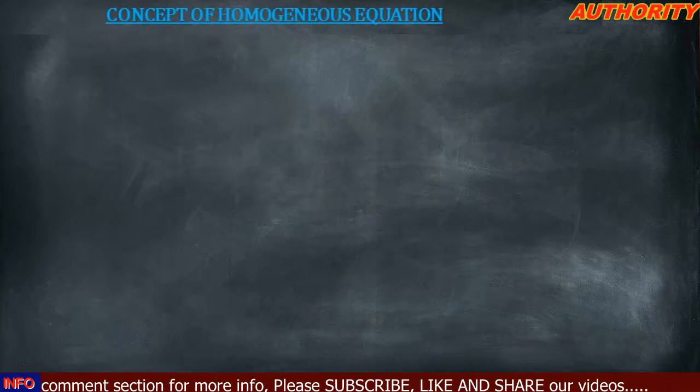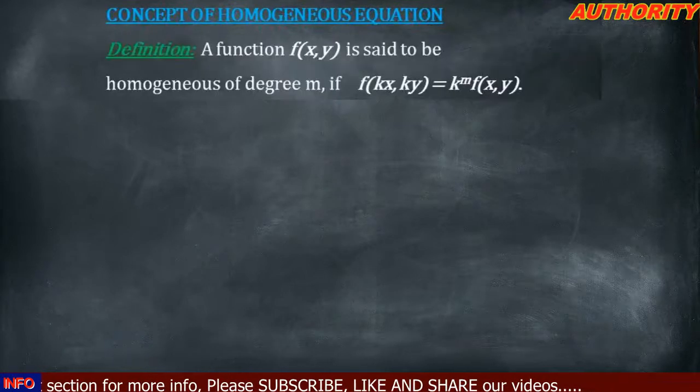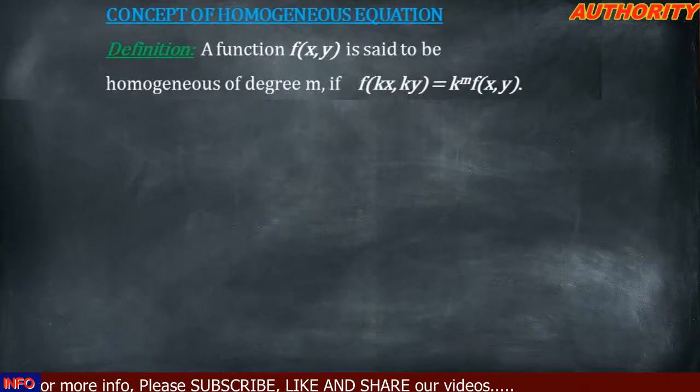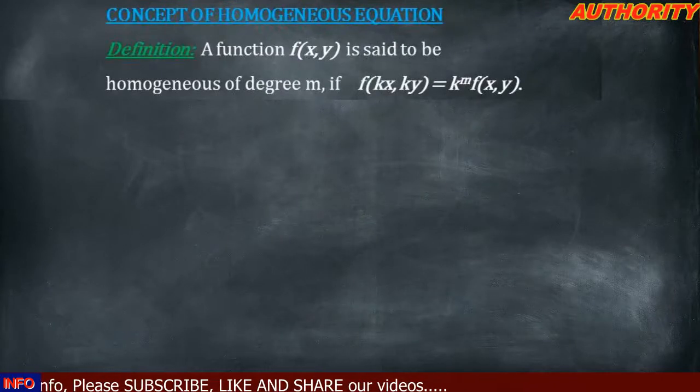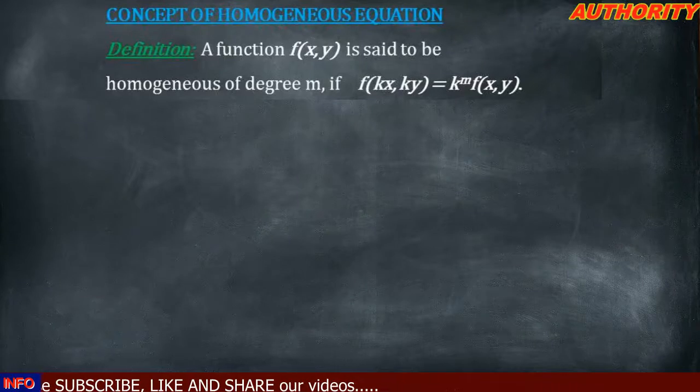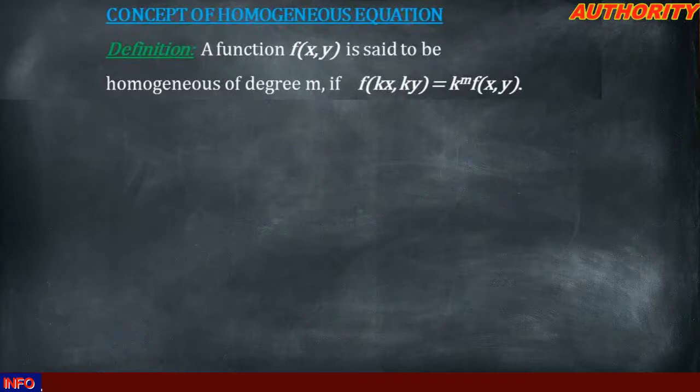All right. Now, we say that a function f of x, y is said to be homogeneous and of degree m if f of kx, ky is equal to k raised to power m f of x, y.